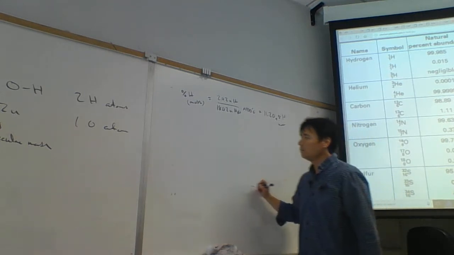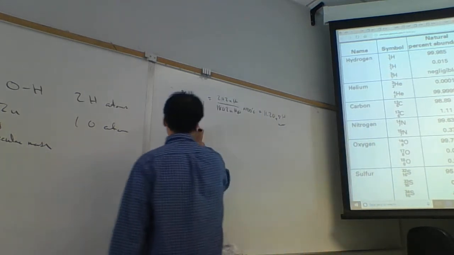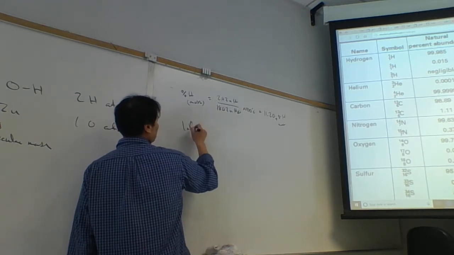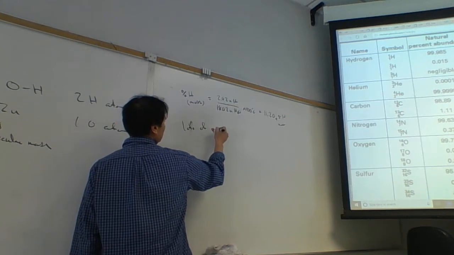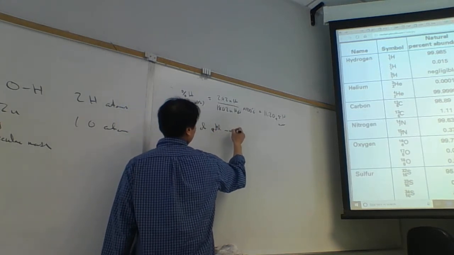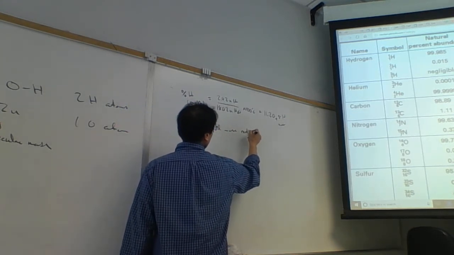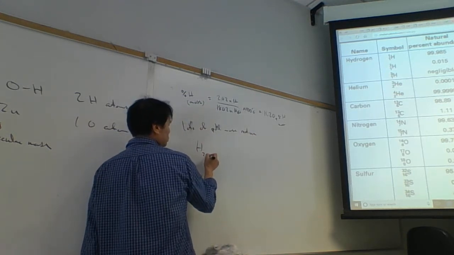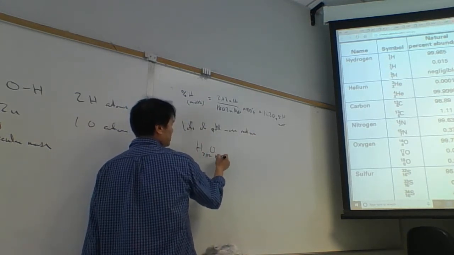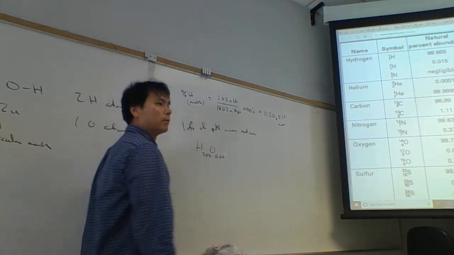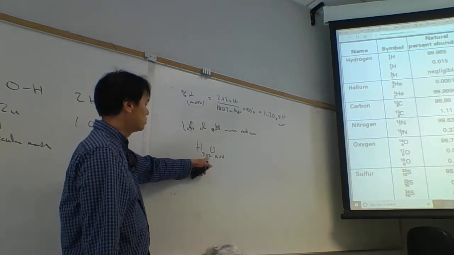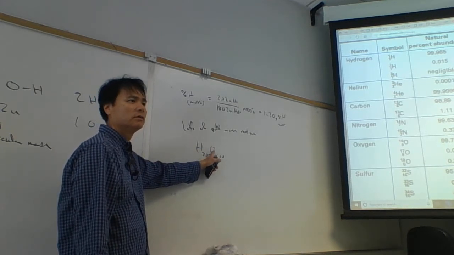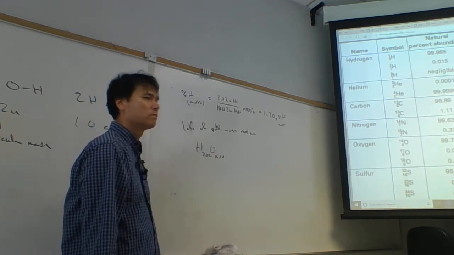And so we can come up with lots of different mass ratios that say the same thing. Lots of potential mass ratios. One of the mass ratios might be this, H 2.02, O 16.00. So for every 2.02 U of hydrogen, I'm going to have 16.00 U of oxygen.